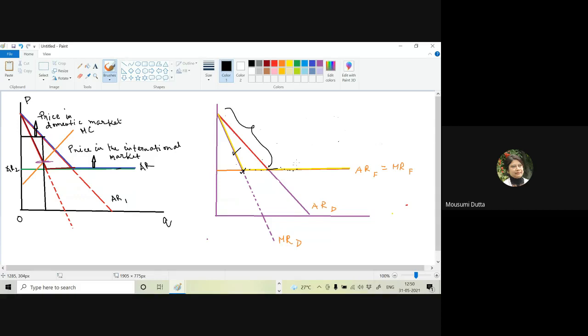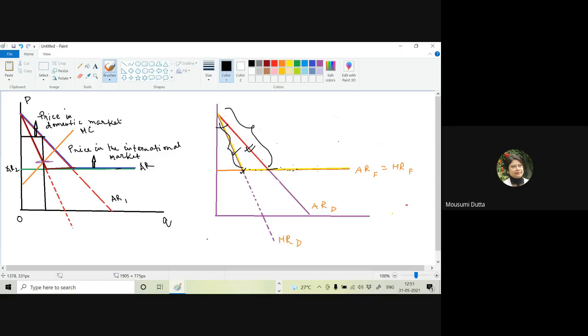And under monopoly, the MR is intersecting this angle. So this is the MR. So corresponding to this red zone, this yellow part, this part will be the MR. And as this part starts, the MR will merge with AR. Okay, as price drops down to the competitive level, MR will be equal to AR.